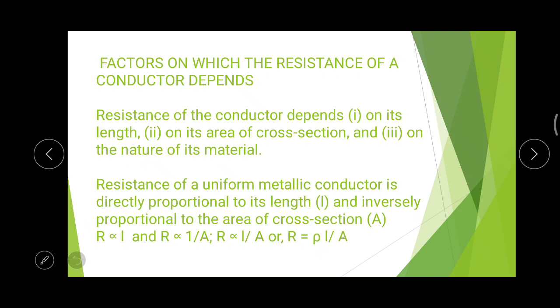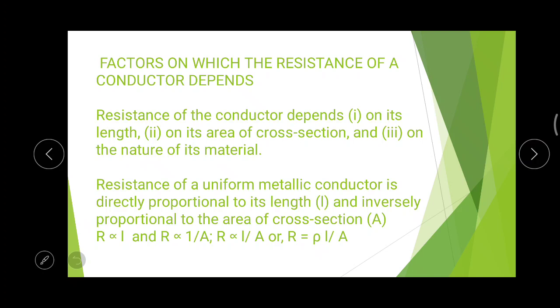So R is directly proportional to L, but the cross sectional area is inversely proportional to R, that is R proportional to 1 by A. That means if you are doubling the area, then the resistance value will get halved.